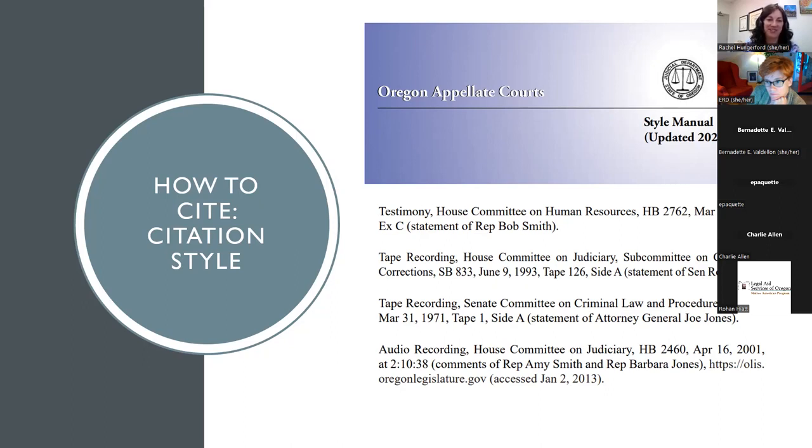For an older statute, you can see this is a tape recording, and you have tape such and such, side A, versus newer legislation where you're going to be able to pinpoint exactly where the statement was and cite to OLIS.